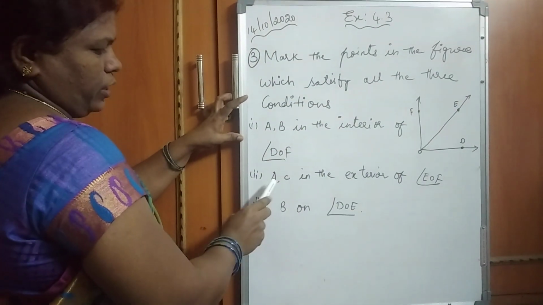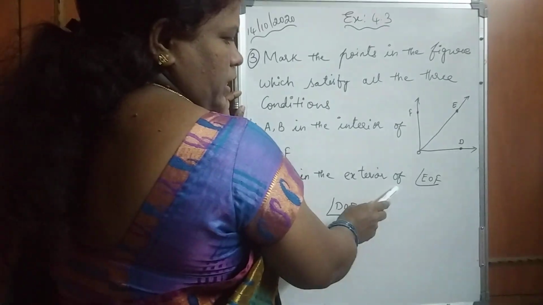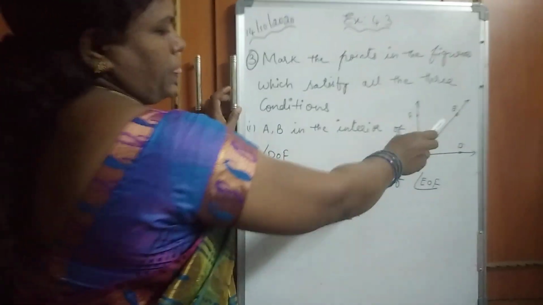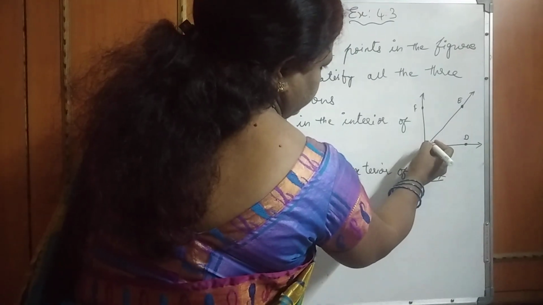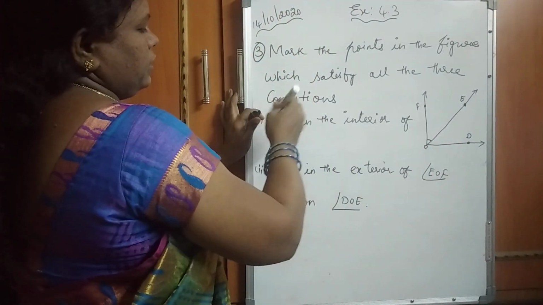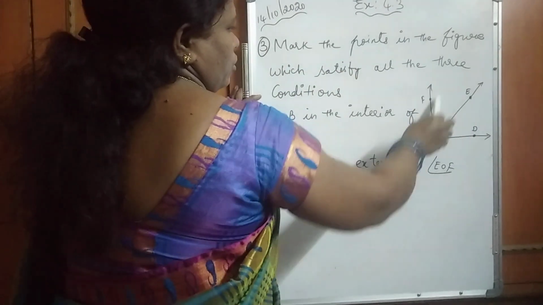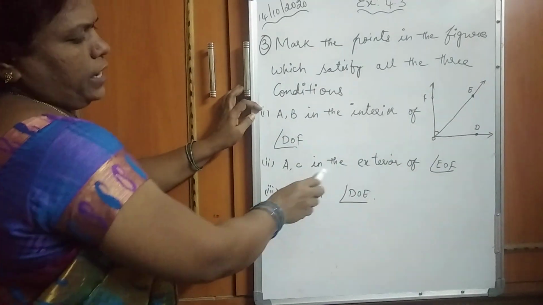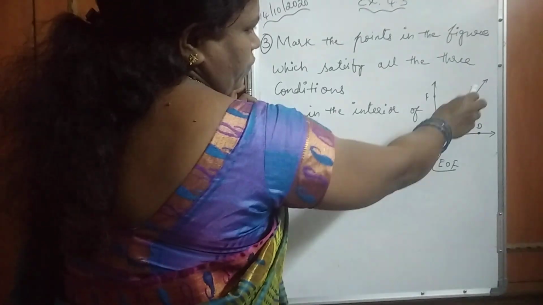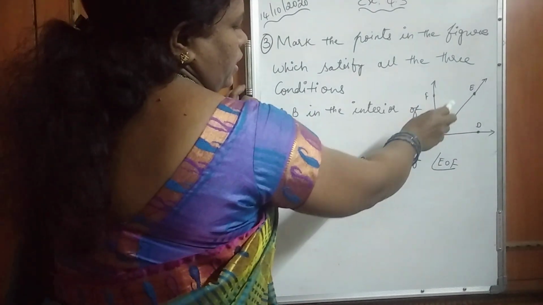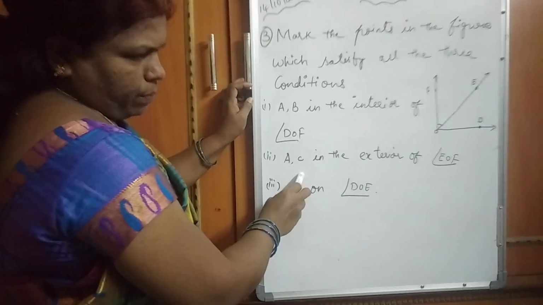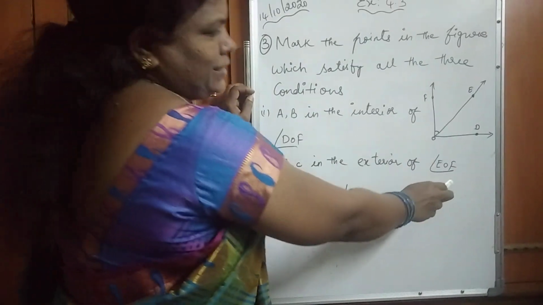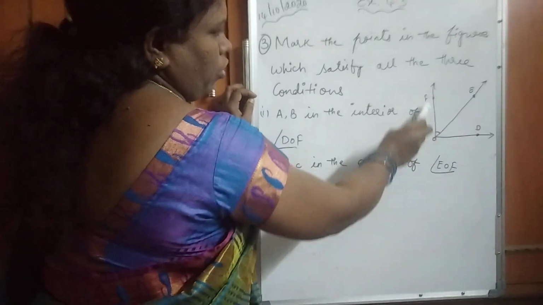Now the second condition: A and C in the exterior of angle EOF. This is EOF. This is the EOF area. In the exterior means you should mark outside of this area. Your A and C points should be in the exterior of angle EOF.